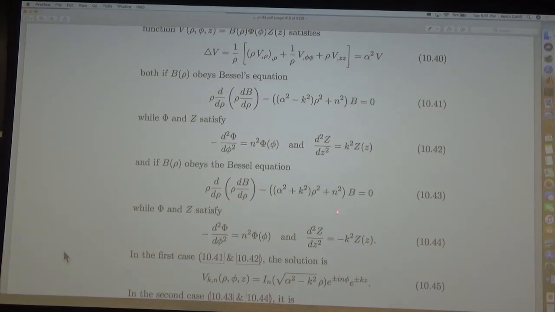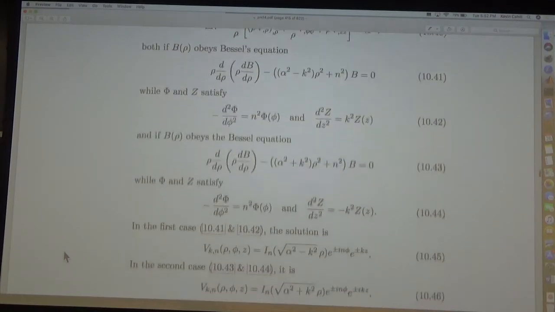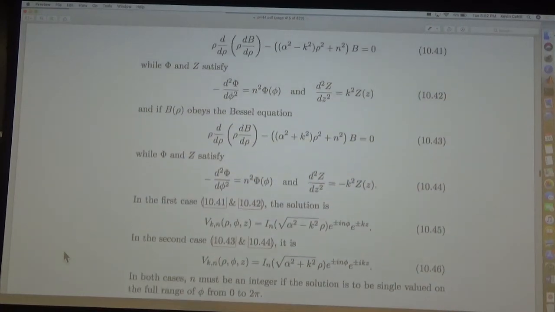Or alternatively, you have this situation where phi and Z are like this. So these are the oscillatory ones in Z, these are the real exponentials in Z. But now, let me just move this up so that we see what the answers are here.